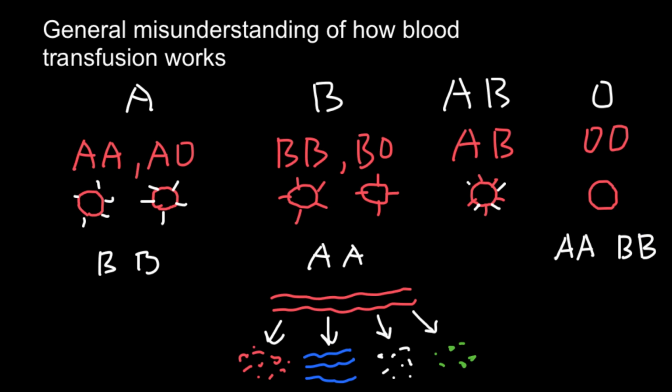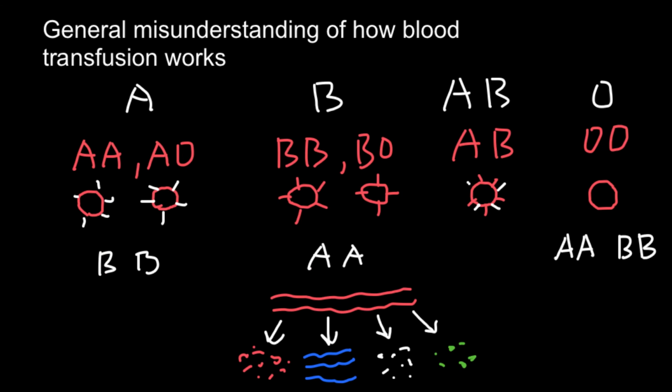So, new conception. People who belong to the blood group O would be universal donors of the red blood cells, but at the same time would be universal recipients of the plasma from any of the other blood groups. And if you take a look here, this blood group is considered to be a universal recipient, but from the point of view of plasma, this blood group can give its plasma to any of these blood groups.